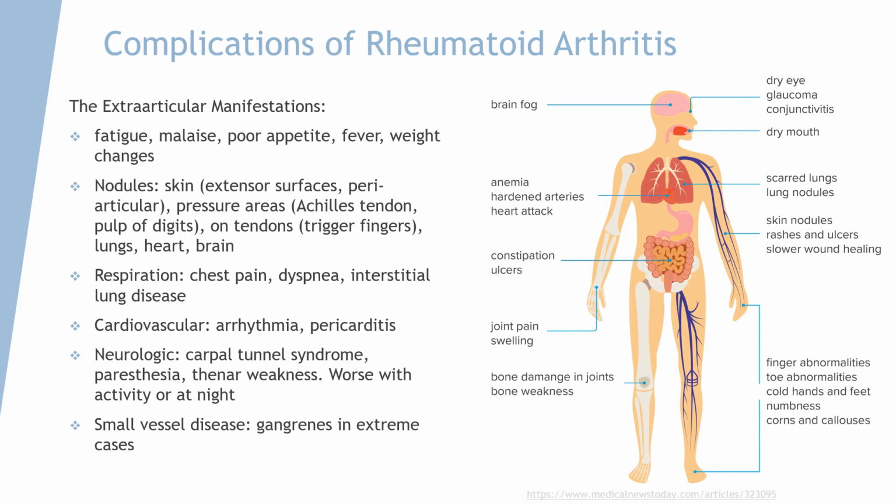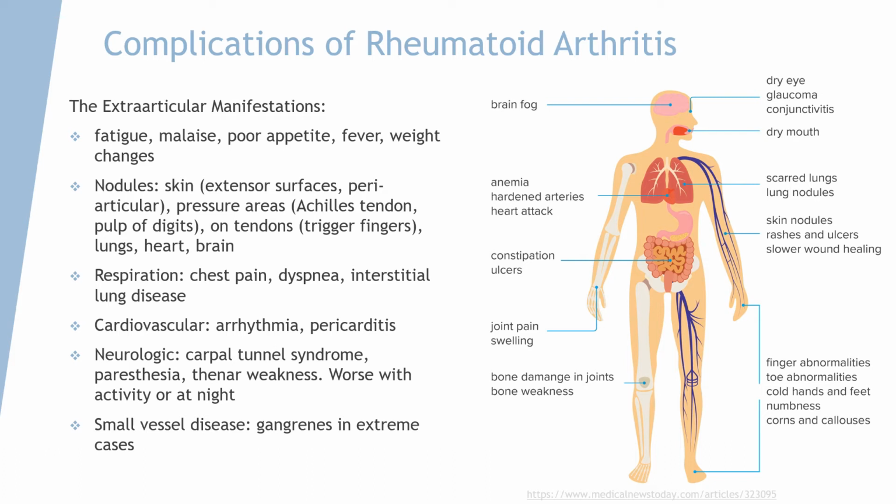Uniquely, nodules can also form on the lungs, heart, and the brain. In terms of respiration, you can have chest pain and dyspnea, as well as ILD, interstitial lung disease. The heart can develop arrhythmia and pericarditis, or inflammation of the sac that envelops the heart.